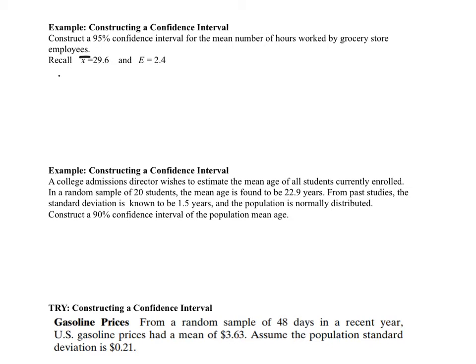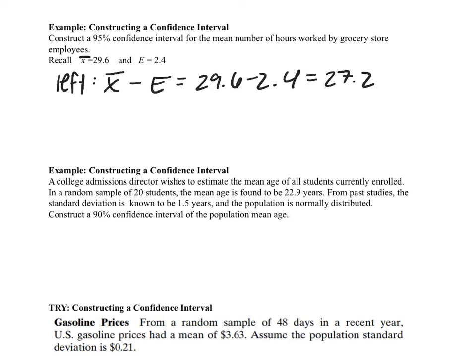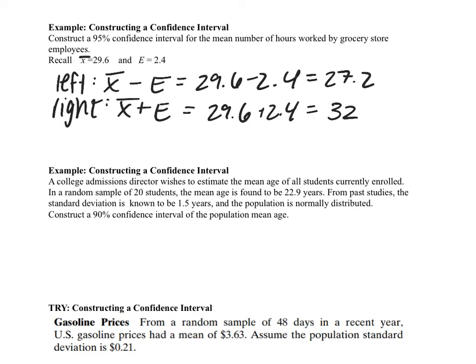So to get your left endpoint, it's X bar minus E, which is 29.6 minus 2.4, which is 27.2. To get the right, it's X bar plus E, which gives me 32. And then we're going to graph this.